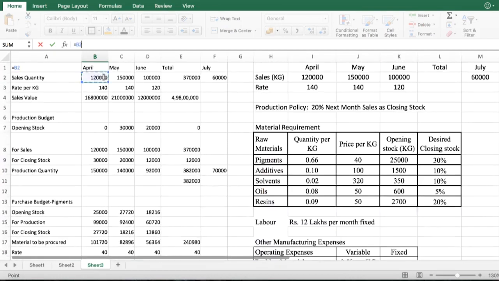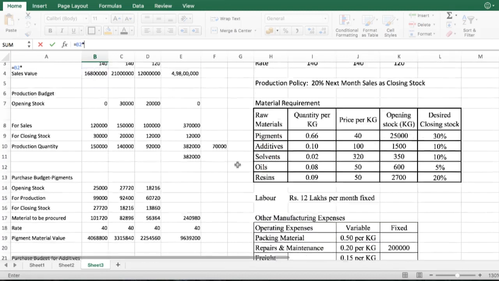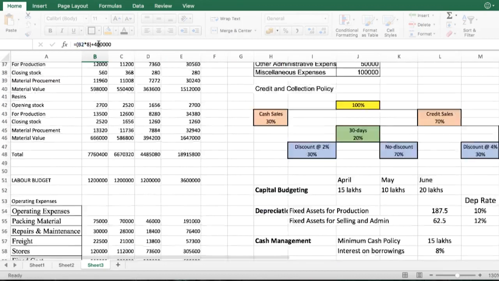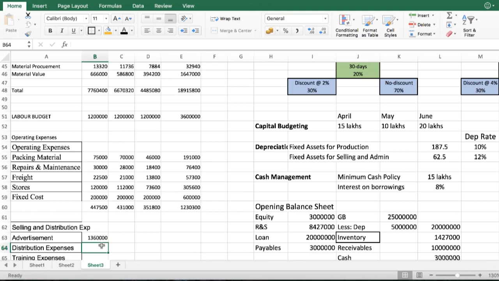So, our sales quantity for the month of April is 1,20,000 multiplied by our variable cost of 8 per kg. Then we need to add the fixed cost of 4 lakh rupees. This gives us 13,60,000 as the value of advertisement for the month of April.